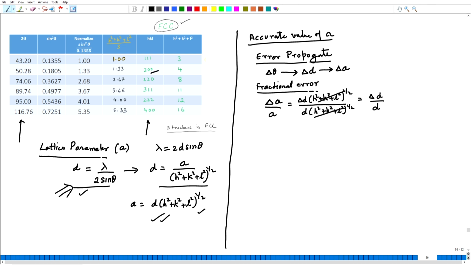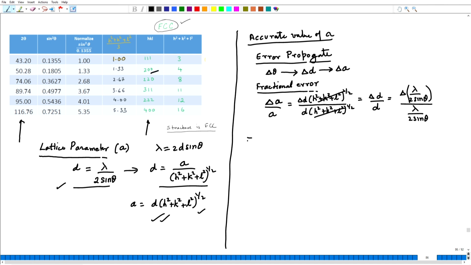Now, let us look at delta d. Let us consider this equation and differentiate it. So, delta d would be delta lambda upon 2 sin theta divided by d, which can be written as lambda upon 2 sin theta.